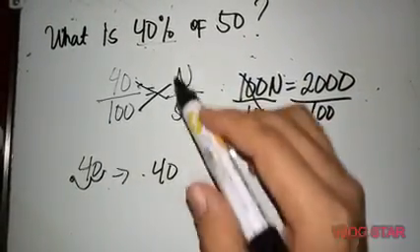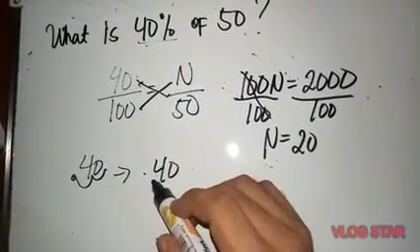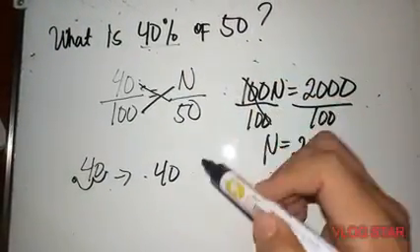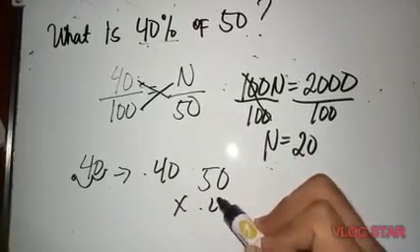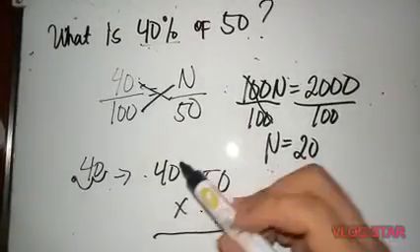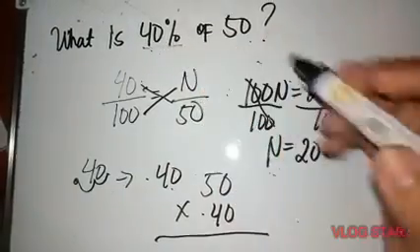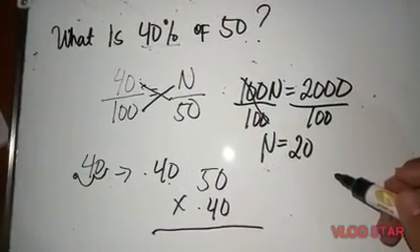So to get the 40% of 50, just multiply 50 to 0.40. 0.40 is just the same with 40%.